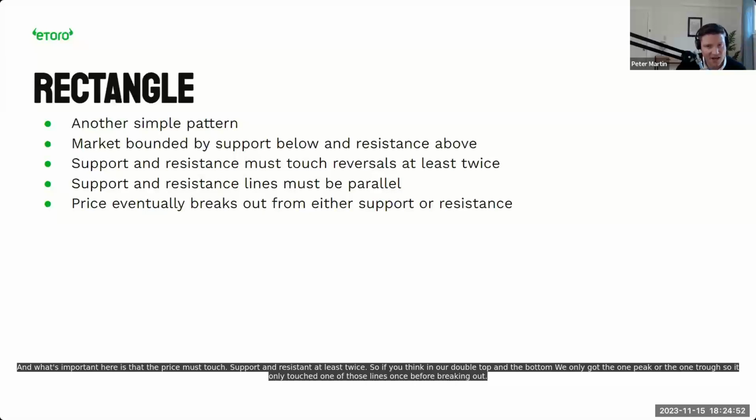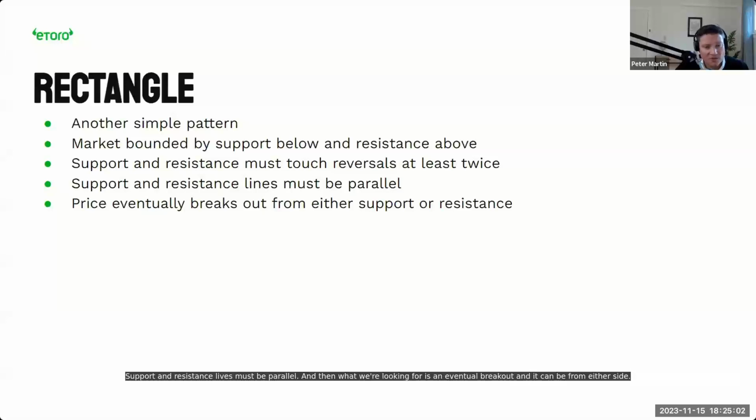If you think of our double top and double bottom, we only got the one peak or the one trough, so it only touched one of those lines once before breaking out. Support and resistance lines must be parallel. And then what we're looking for is an eventual breakout, and it can be from either side. So this is neither a continuation nor a reversal pattern. It can be either.